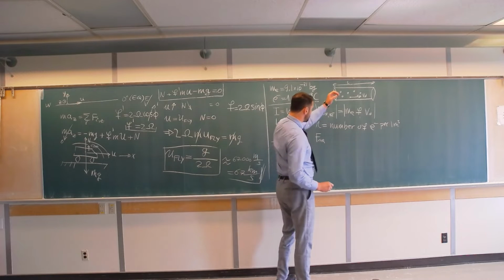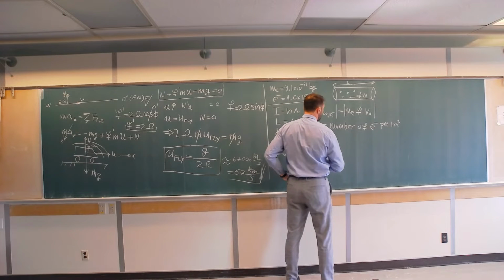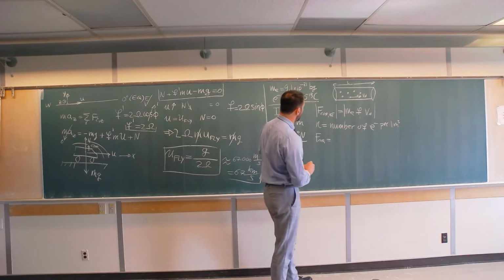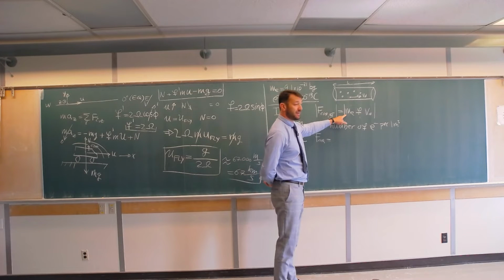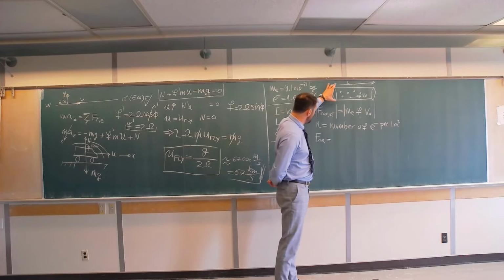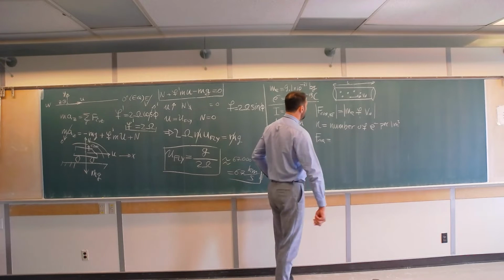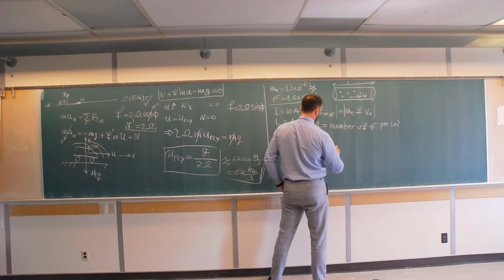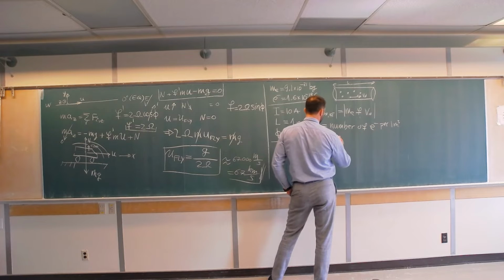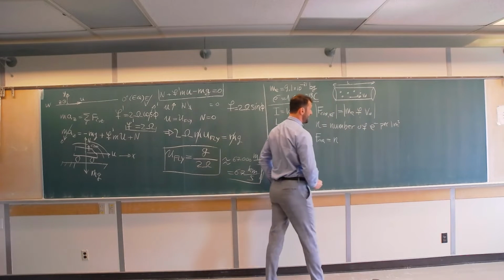of all these electrons is equal, if this is the Coriolis force of one electron, then the number of electrons in this wire needs to be n times the volume of this wire.